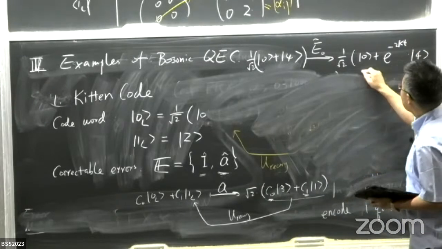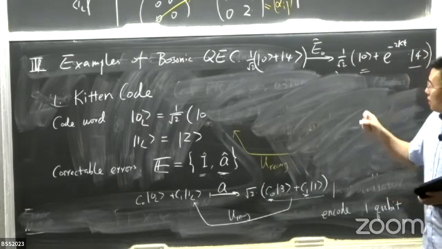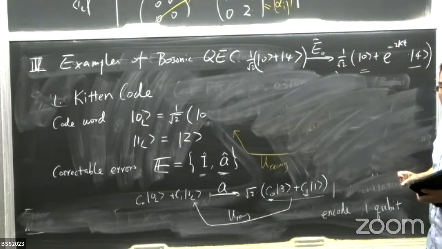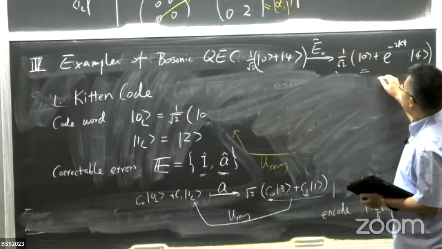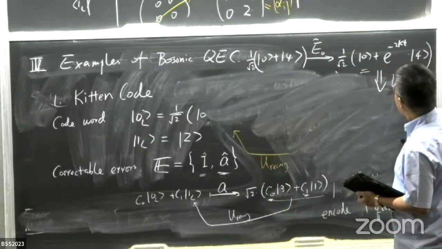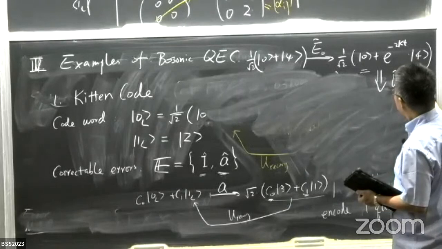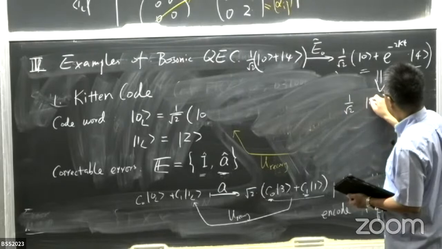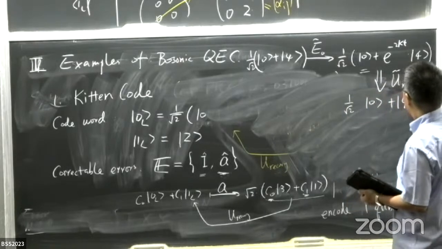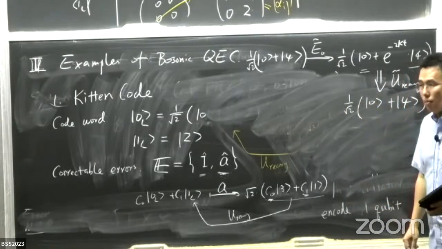Notice it's no longer an equal superposition of those states. If you detect even parity, you need to perform another recovery to rotate this state to be something proportional to 0 plus 4.